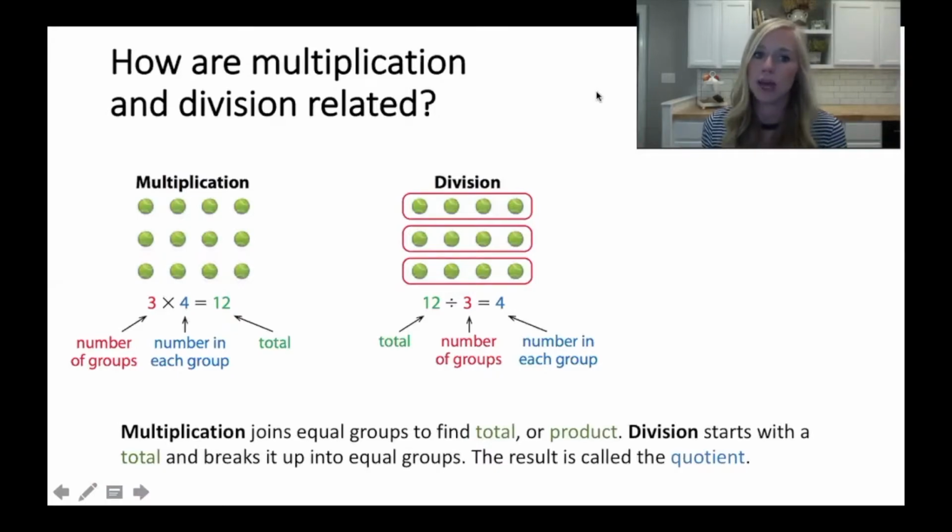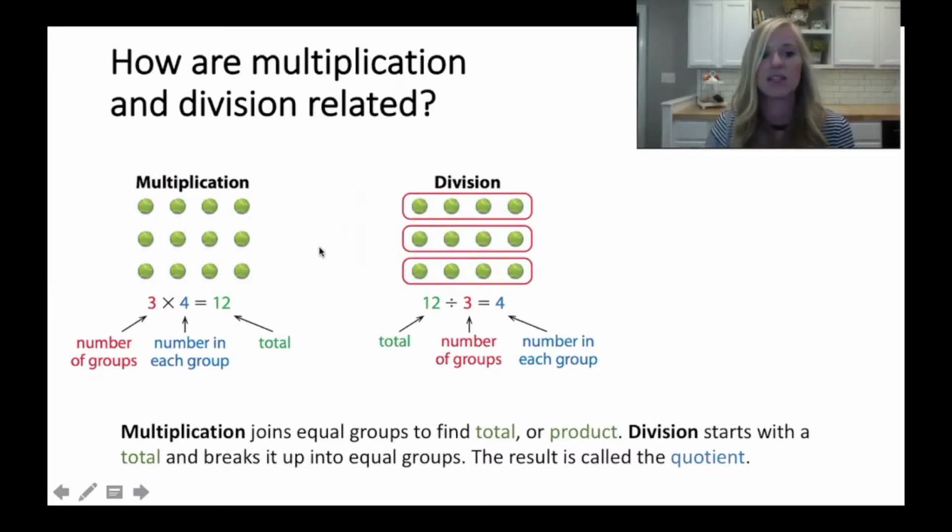So now that we've reviewed what the words multiplication and division mean, let's take a look at how multiplication and division are related. So when you take a look, we have 2 pictures here. The first picture is a picture of multiplication. We have an array. And an array or a picture model are ways that we can represent multiplication and division. Now with our picture, you see some rows, and we also have columns.